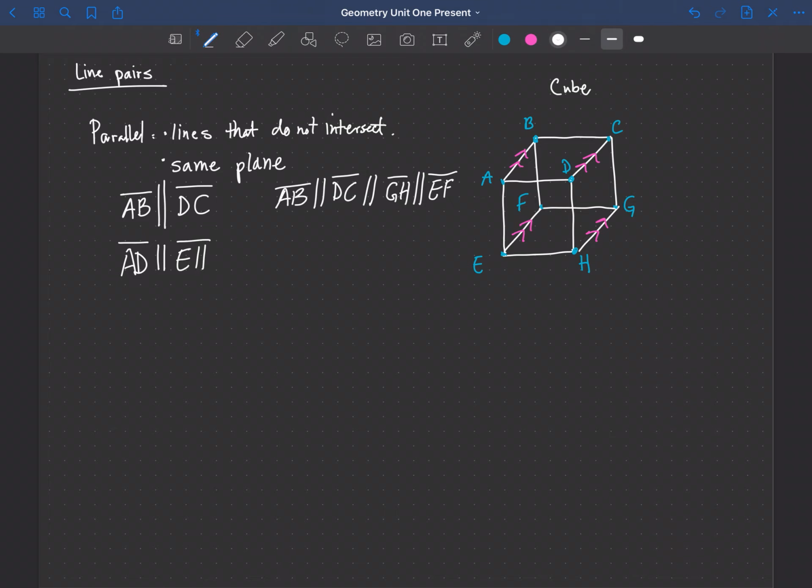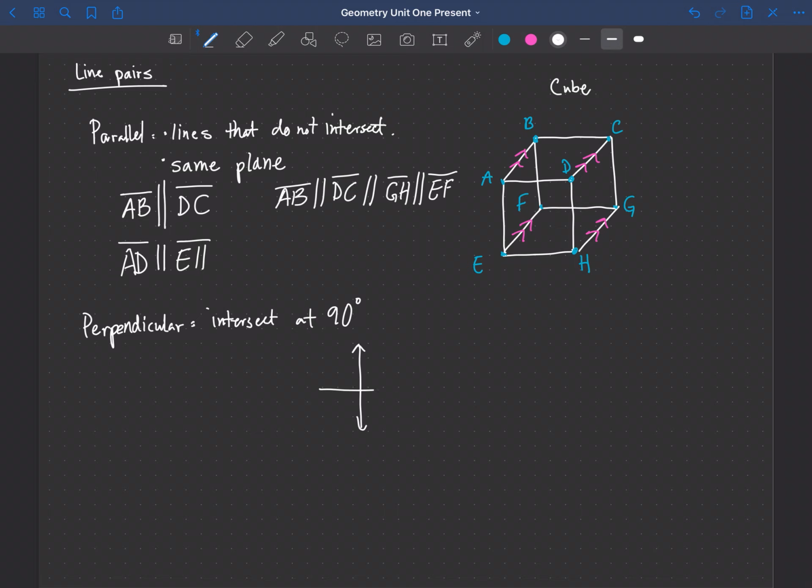Okay. We also have perpendicular. So since this is a cube, we have a bunch of perpendicular intersections throughout the shape. Okay. Perpendicular means that they will intersect at 90 degrees. So right corners.